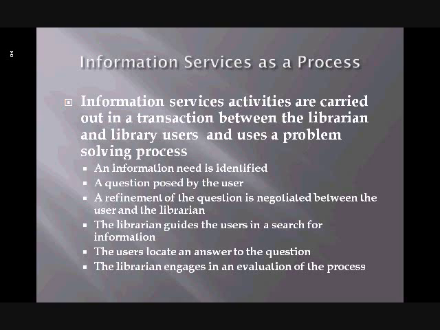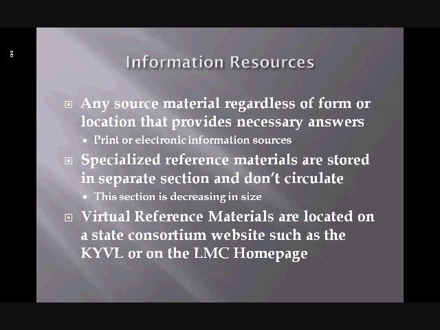Information resources can be in the form of any material, regardless of form or location, that provides necessary answers to questions. Therefore, they can take on print or electronic form and be available in the library or outside the library walls. Specialized reference materials are stored in a separate section of the library and don't circulate.